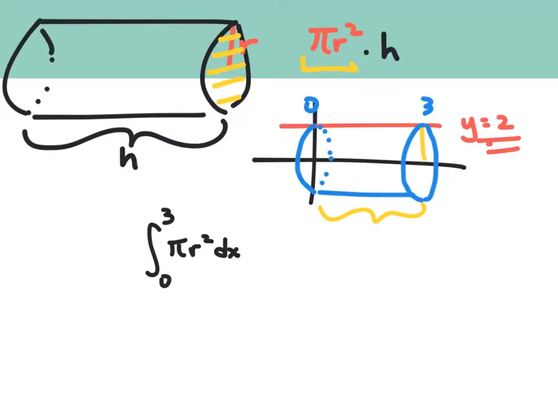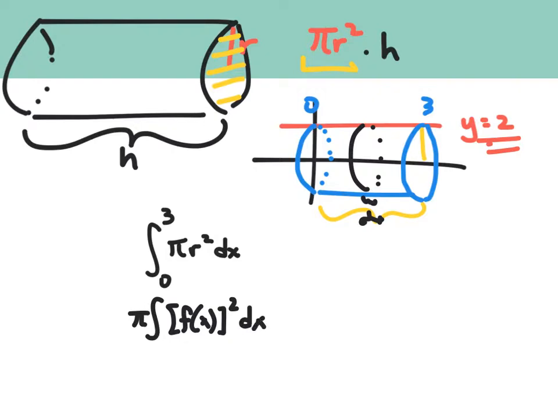This is called the disk method, because we're inserting circles of width dx. Therefore, we'd take pi times whatever our f of x value is, and it could change if the function isn't just a horizontal line like this one. And we integrate on the interval that's given.